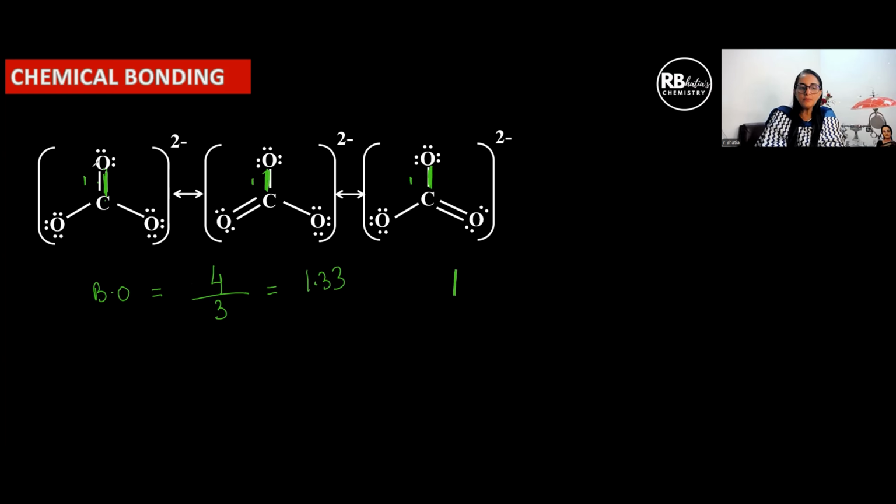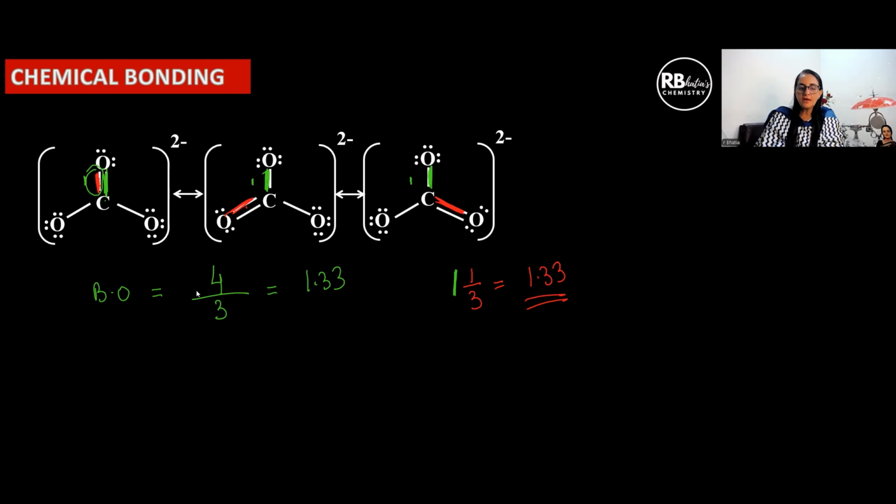Plus this second bond is divided into 3 positions. Either it's here, or it's here, or it's here. One bond is divided between 3 places. So what is the contribution of this towards each structure? 1 by 3. So the bond order of each CO bond becomes 1 plus 1 by 3, that is 1.33. I hope this is clear, right?